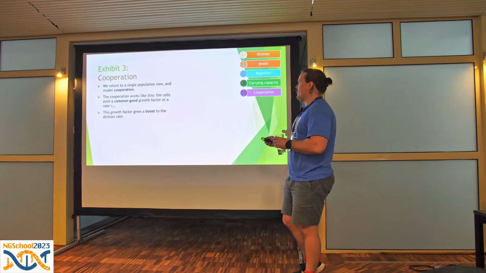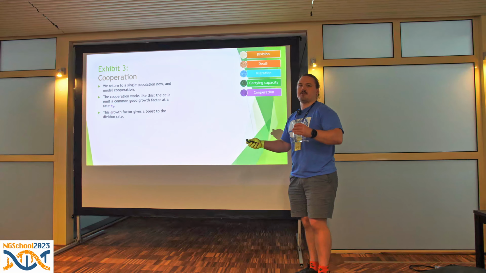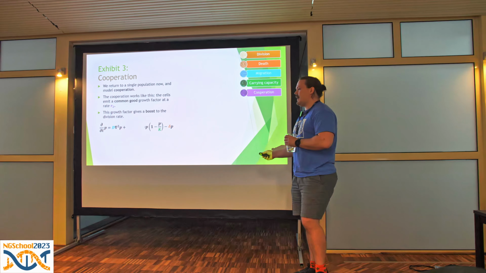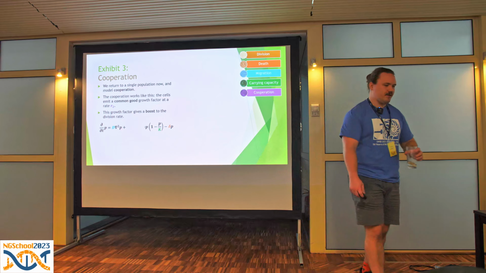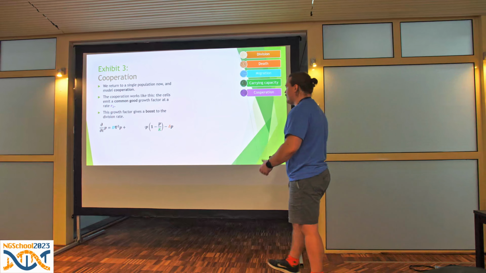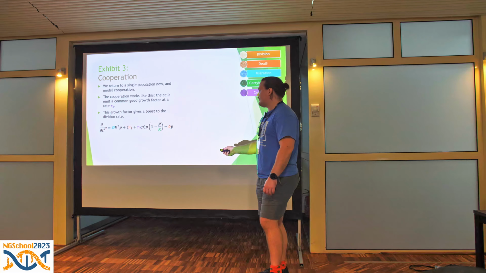So basically, what this growth factor does is that it provides a boost to the division rate of your neighbors. So I've blocked out the division rate part of the Fisher equation here. And then I'm going to say, okay, so how do we model this? One way could be to do this. We have the base division rate, R1, that's the same as before.